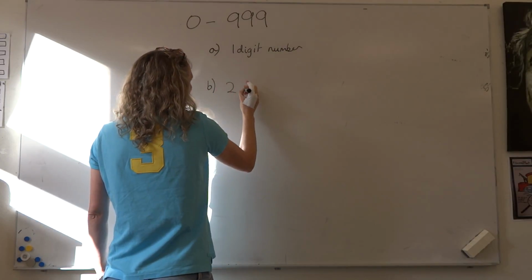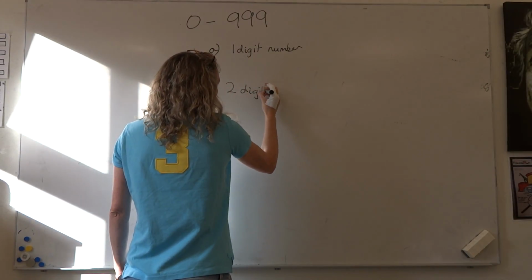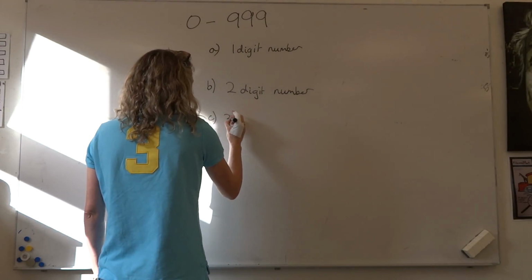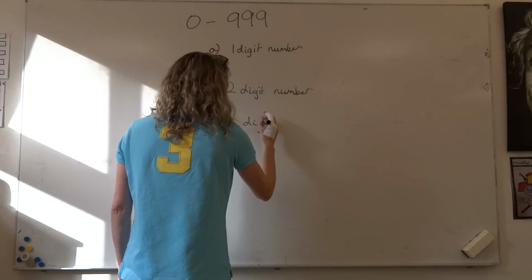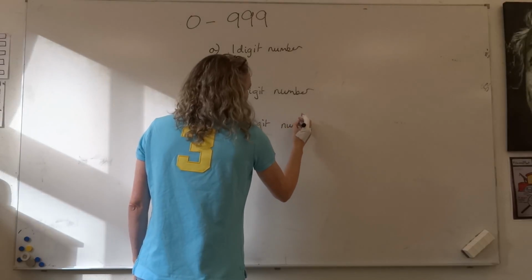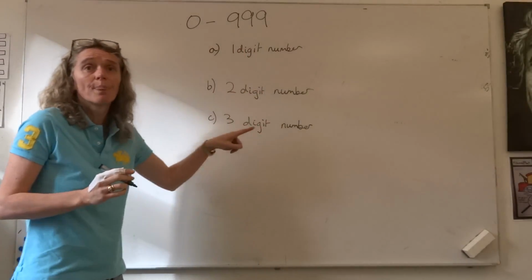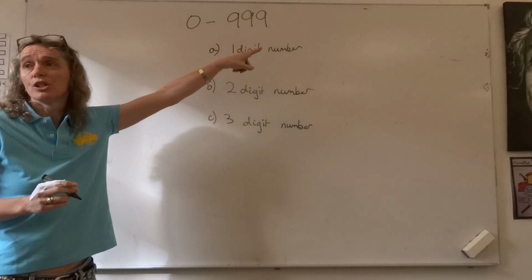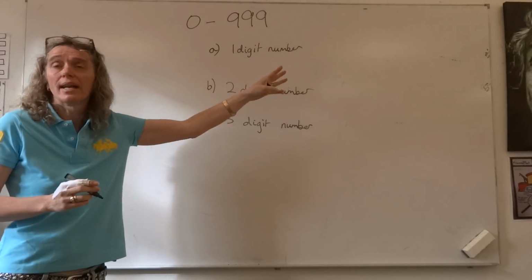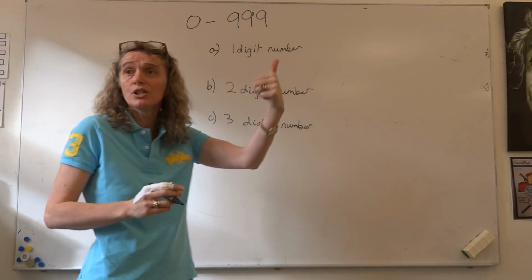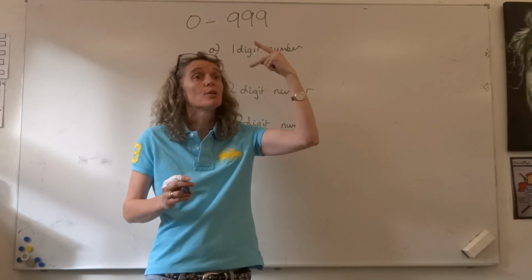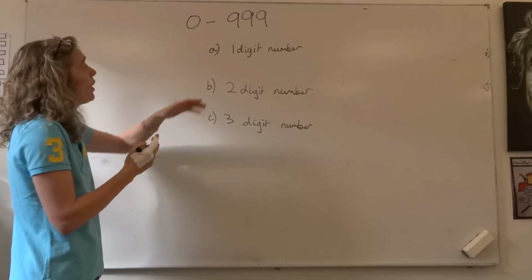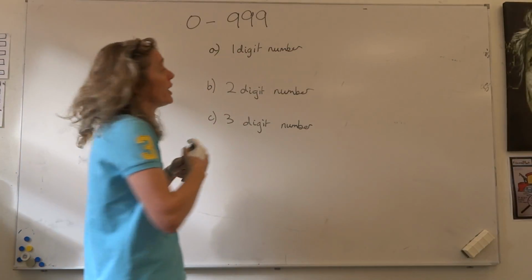A 2-digit number? And a 3-digit number? The nice thing about this is that if we get the right answer, we would be able to check it because we'd have 100%. We can only get either 1-digit, 2-digit or 3-digit numbers from this.